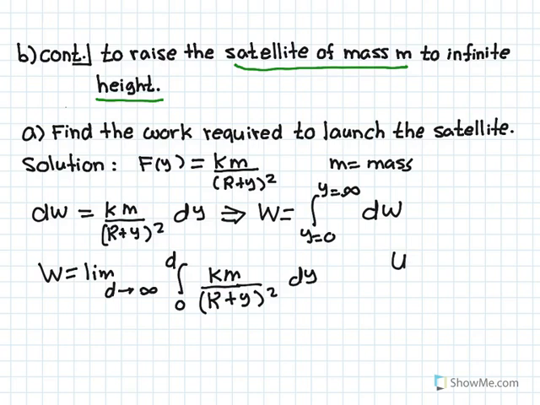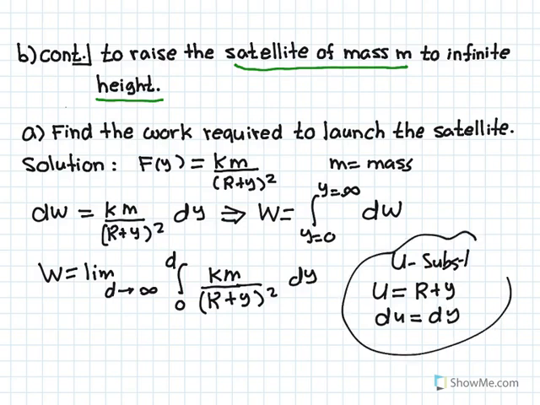Let's apply u substitution. Let u be equal to the inside function R+y. Differentiate both sides and we get du is equal to dy. Alright, so let's label this. This is an improper integral. The reason it's improper is because the upper limit of integration is infinity.